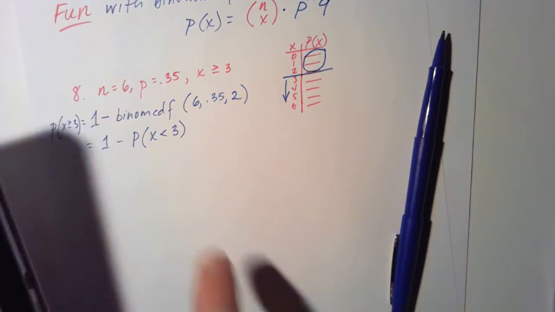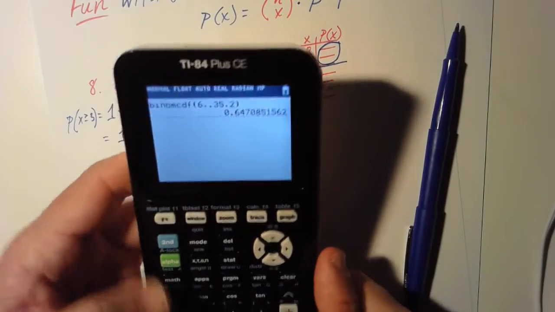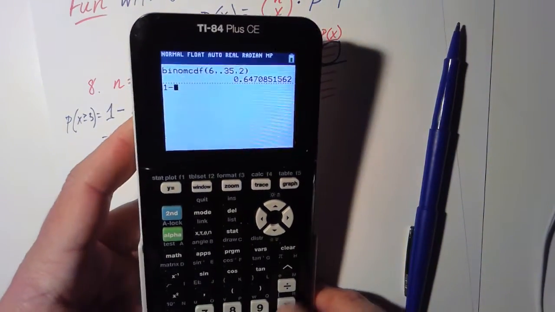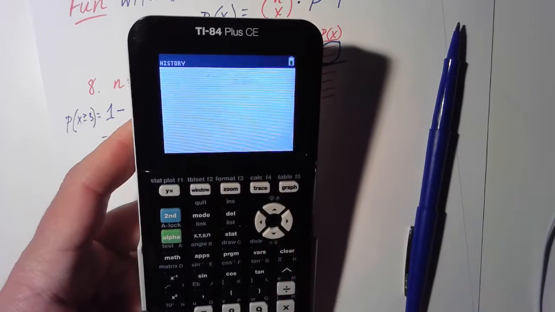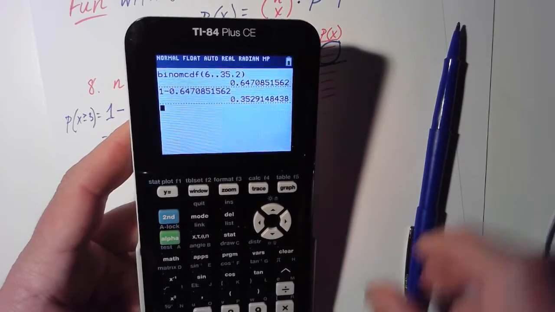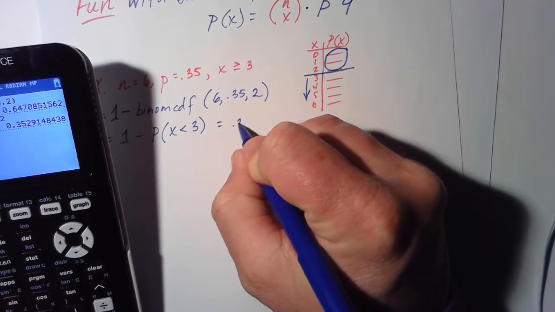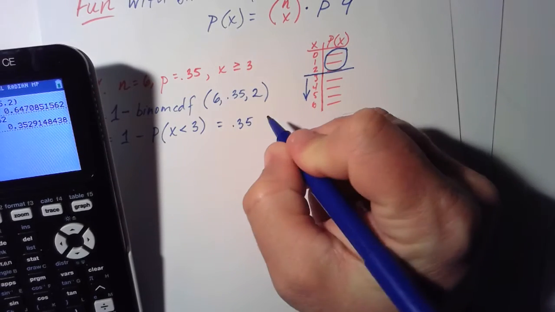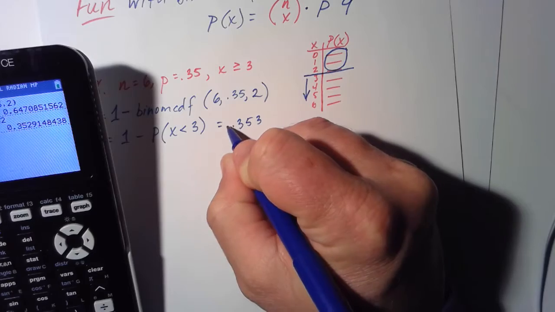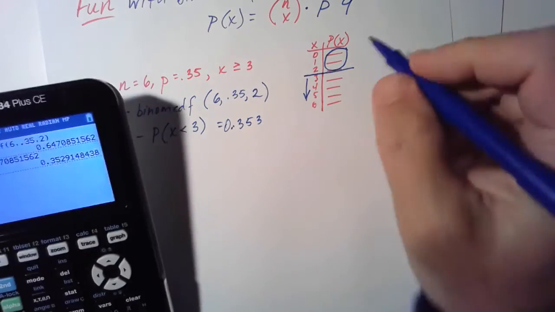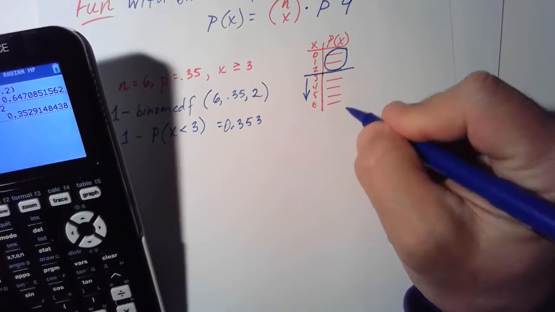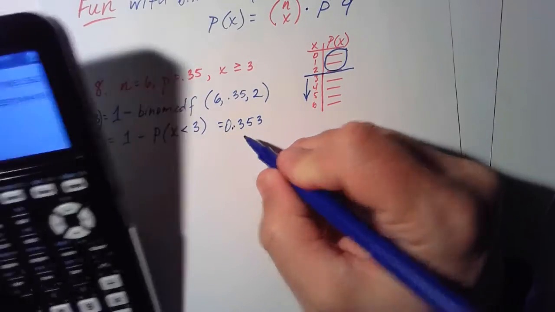That is the probability of it being less than 3, and then I can do 1 minus, go back up, grab that number, and get the complement. How many decimals should we go out here? Maybe that.